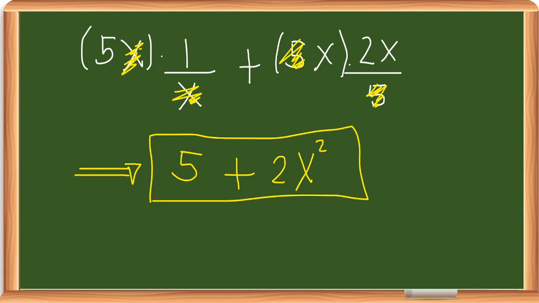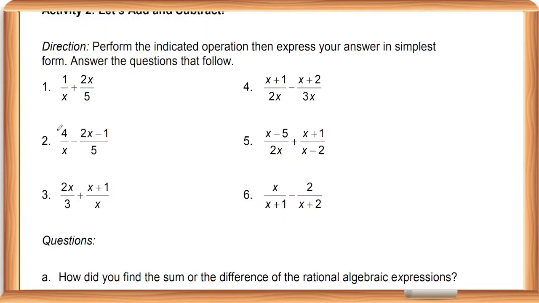Okay, so let's see another example. Could you please simplify this one? It's the same, you have to multiply by the denominator if you want to get rid of it, because that's the first thing that you should do.